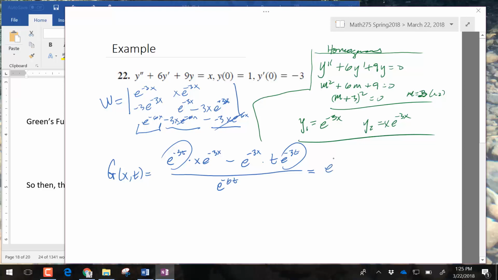So e to the 3t times x e to the minus 3x minus e to the negative 3x times t e to the positive 3t. Okay, so that's my function.